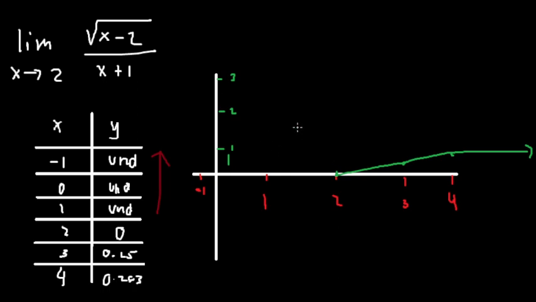So, everything less than 2 does not exist. Therefore, yung right values lang yung nagli-limit, which is greater than or equal to 2. So it exists.